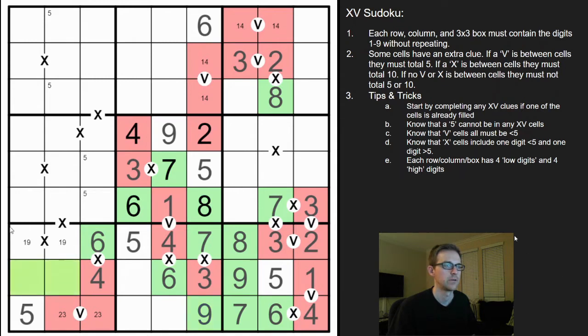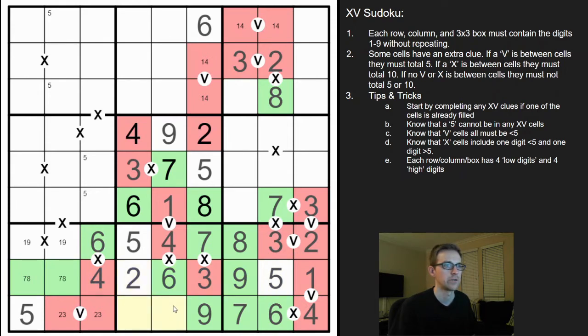Here we're missing big cells. We're missing a 7 and an 8. We already have all of the big cells in this row, so we're missing a 2. So that's got to be a 2.